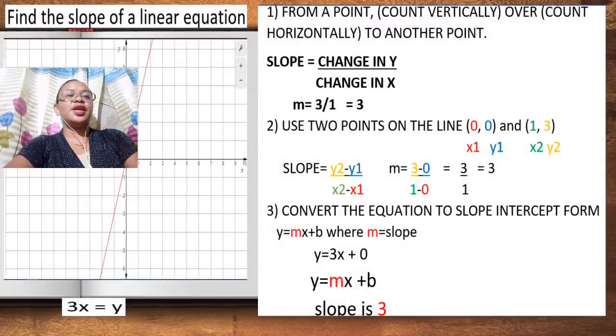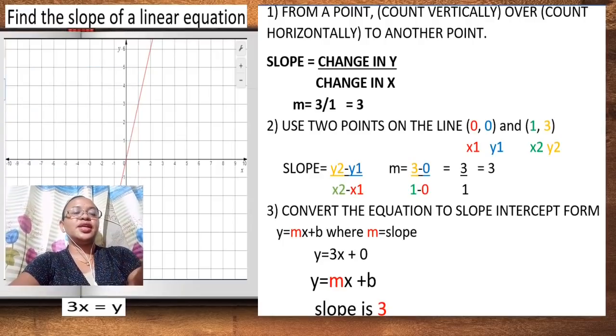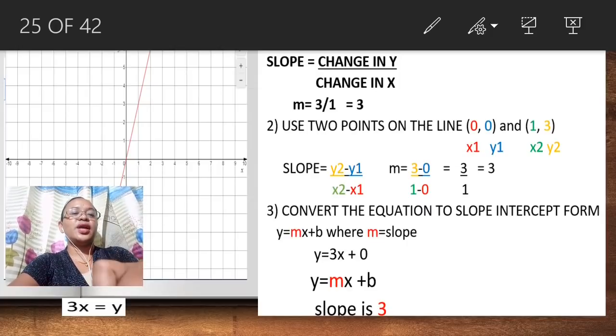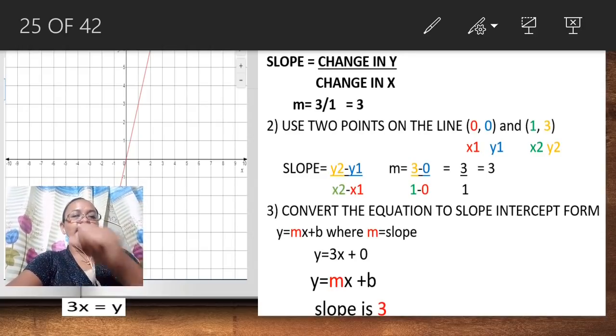Okay, so we have the change in y over the change in x. I already demonstrated it. For the change in y, you go up, that's 1, 2, 3, so that is why it's 3. Over the change in x, which is only 1, so 3 over 1, then the slope is 3.